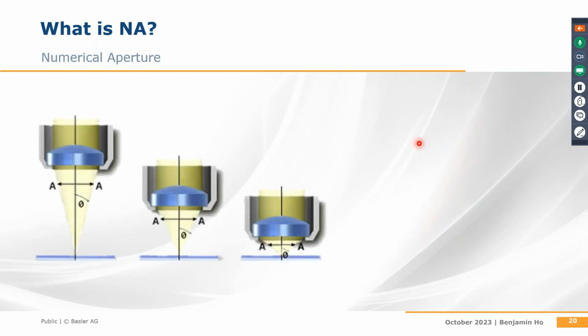Now we talk about numerical aperture and show you how it affects the performance of the lens. Numerical aperture refers to the cone of light that is made from the focusing lens, and it describes the light gathering capability of the lens.